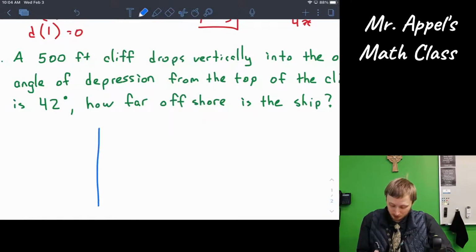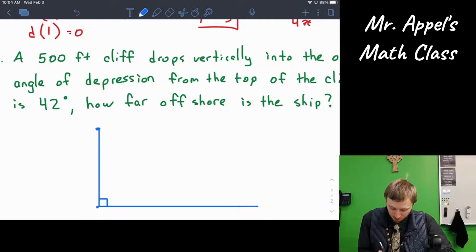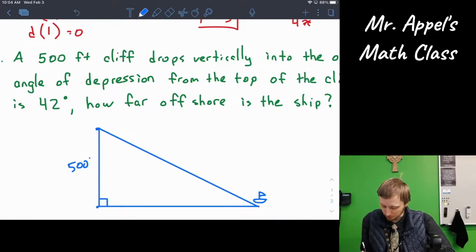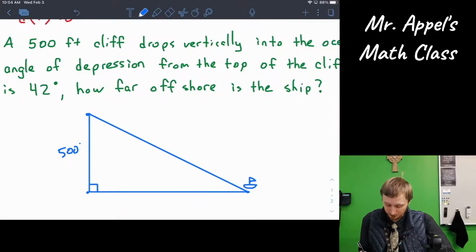We've got a cliff and the ocean, perfectly vertical, so top of the cliff, this is then 500 feet. And we've got some ship here, a little boat out there, and here's the top of our cliff.